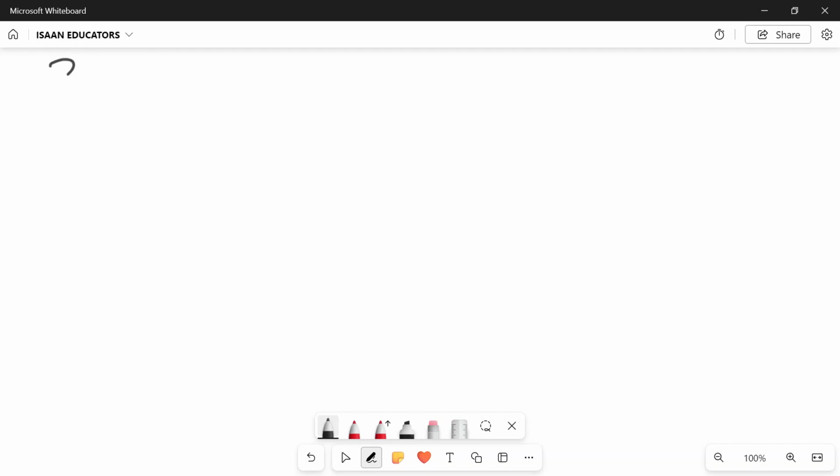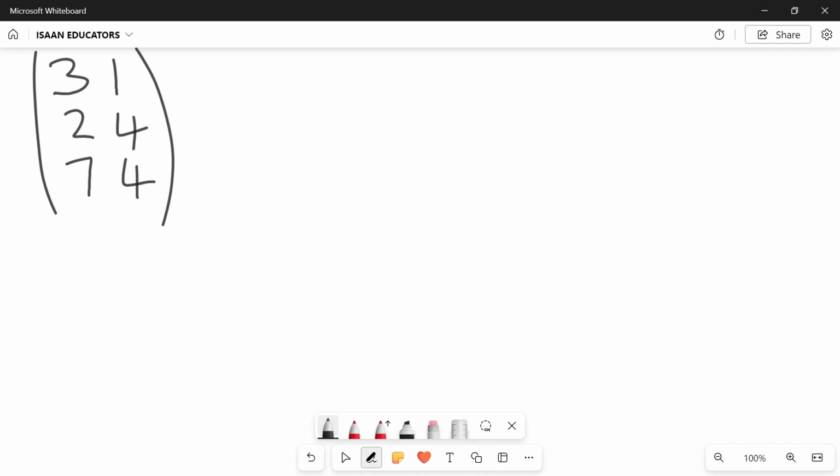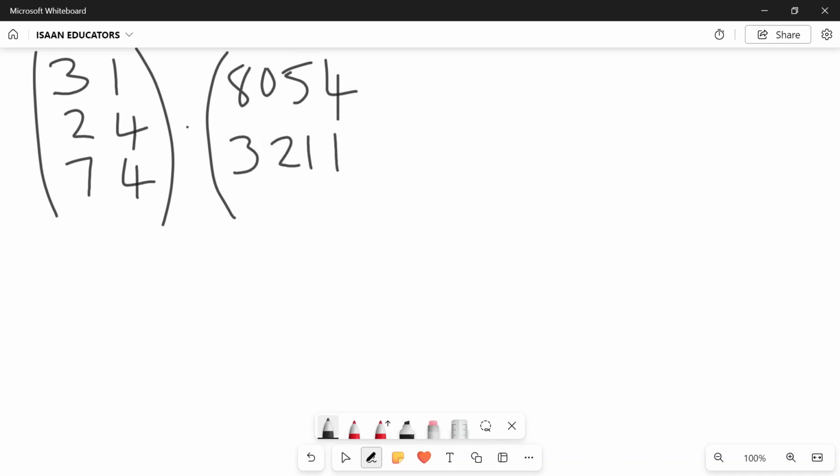So we are going to multiply this matrix. Our first matrix was 3, 1, which is matrix A, then 2, 4, and then 7, 4, whereby you're going to enclose them in brackets. You're going to multiply with the second matrix, which is 8, 0, 5, 4, and 3, 2, 1, 1.